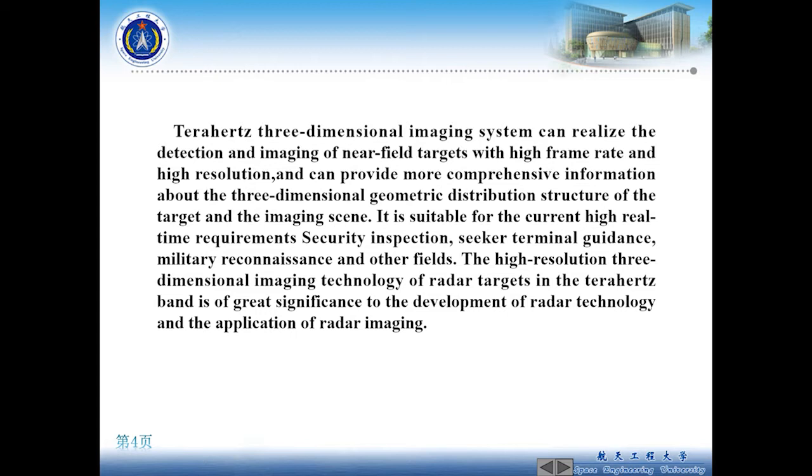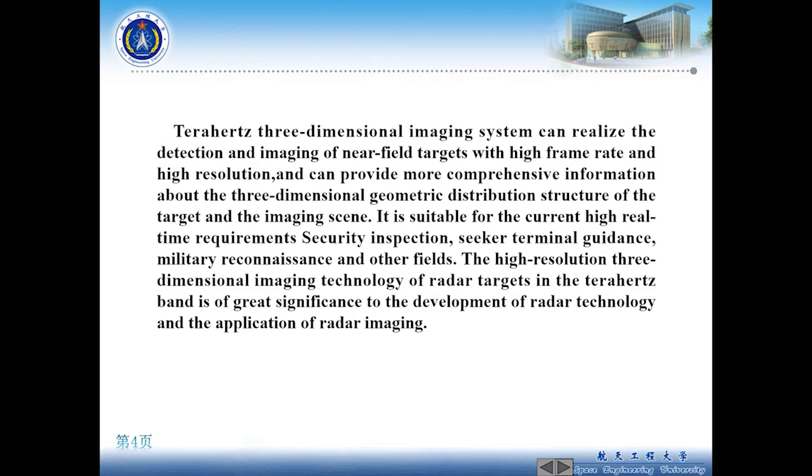It is suitable for the current high real-time requirements, security inspection, terminal guidance, military reconnaissance, and other fields.